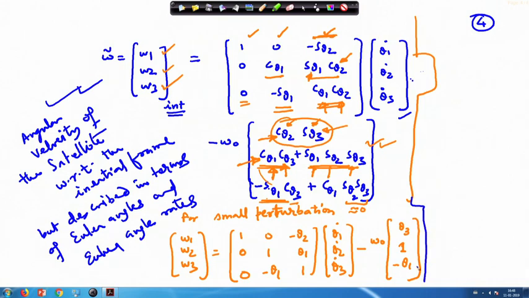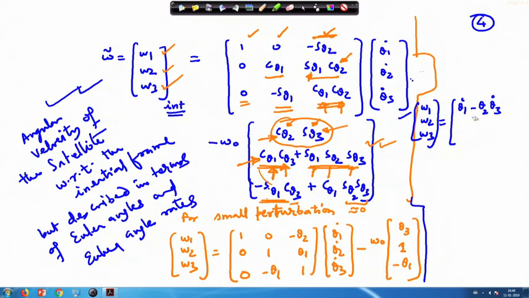Okay. So finally, we can wind it up here by writing omega 1, omega 2, omega 3 equal to, adding them. So this is theta 1 dot minus theta 2 times theta 3 dot, this is the first term here.